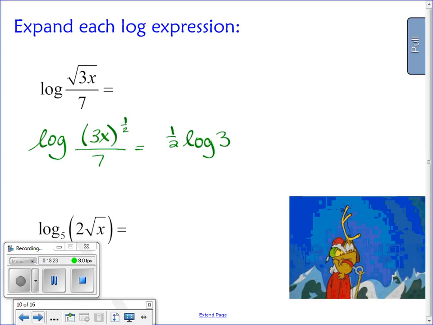So I'm just doing the 3 first. So 1/2 log of 3, plus 1/2 log of x, because this half goes to both the 3 and the x. It goes to both of them. Then what? Minus log of 7.